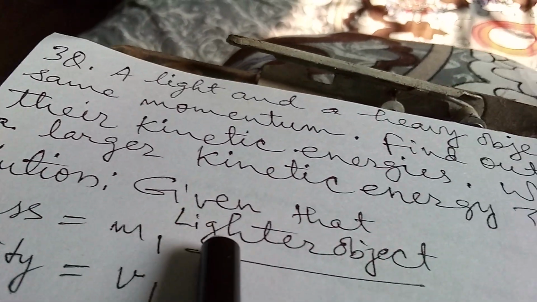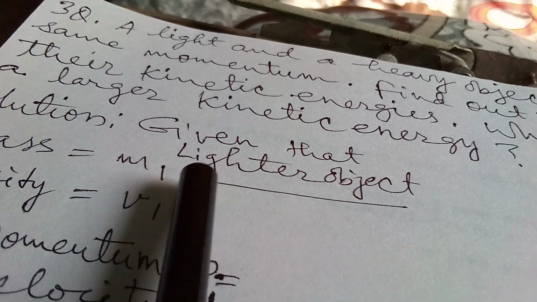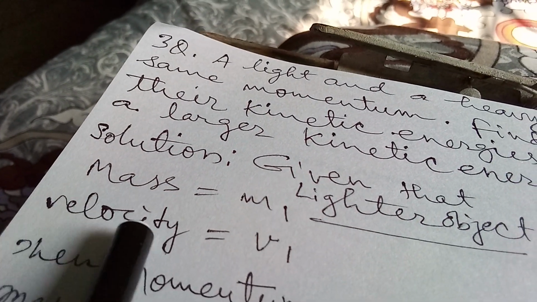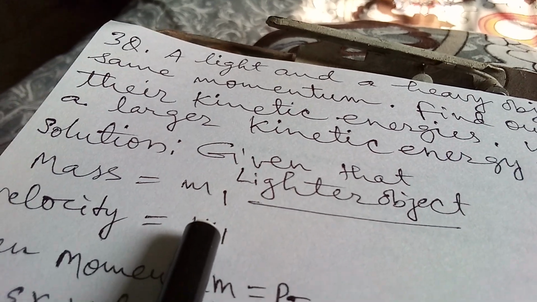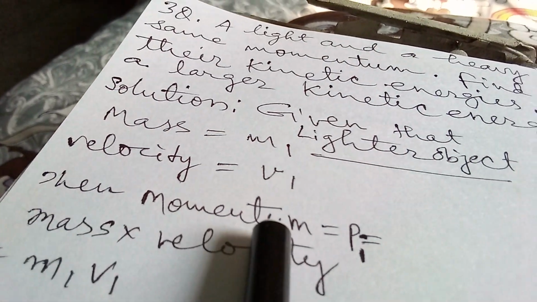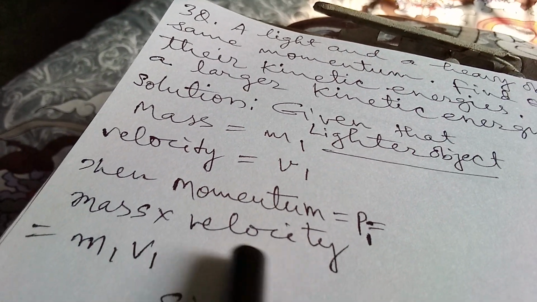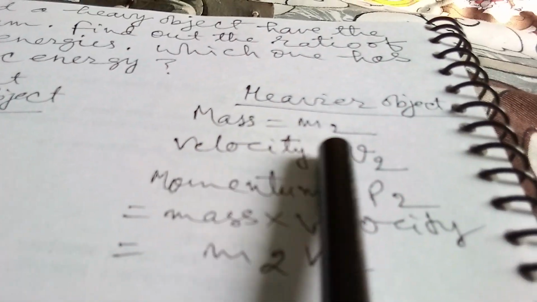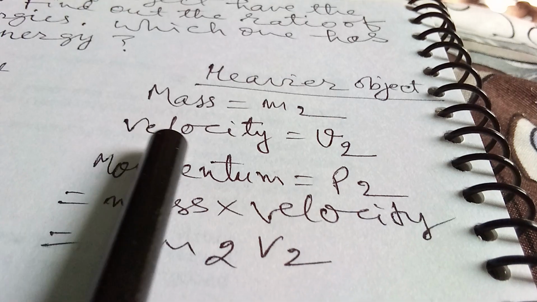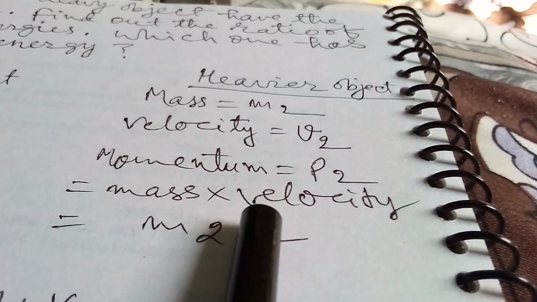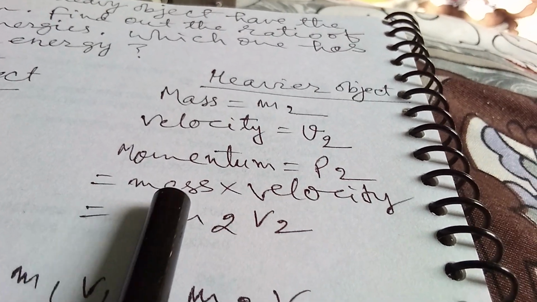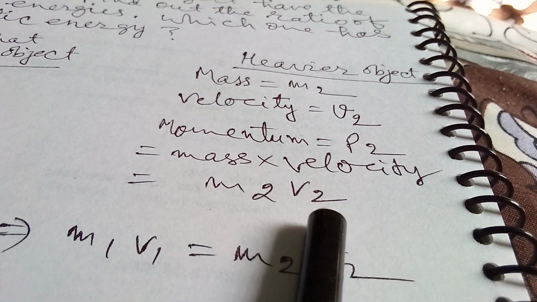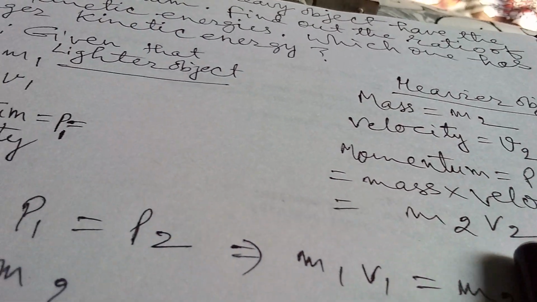So the solution is, for lighter object, we suppose mass equals m1, velocity equals v1, and that's why its momentum p1 equals mass into velocity, that is m1 v1. And for a heavier object, mass equals m2 and velocity equals v2, so momentum p2 equals mass into velocity, that is m2 v2.